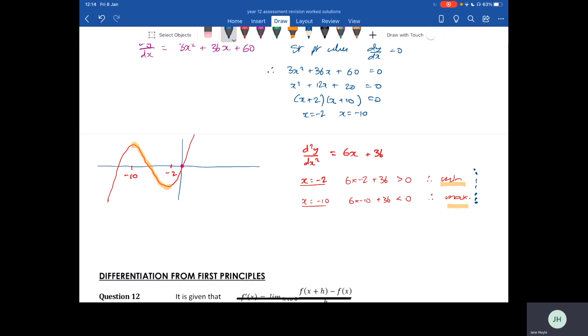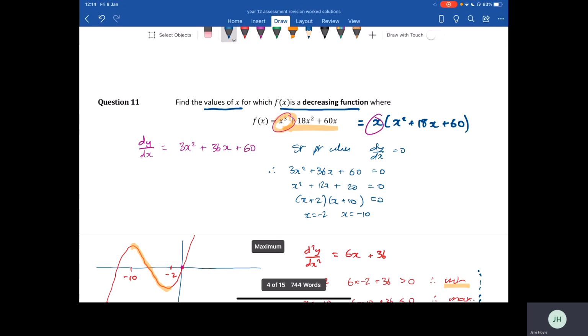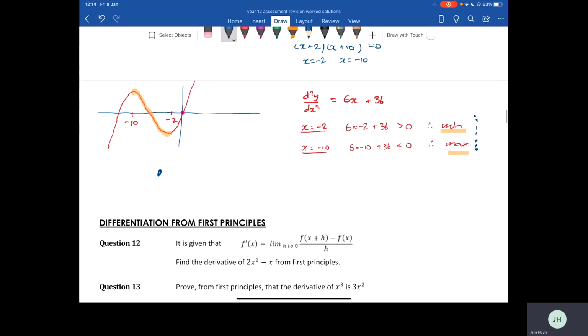You want to see the graph so you know what's going on. So f(x) is a decreasing function between negative 10 and negative 2. So negative 10 is less than x, which is less than negative 2.